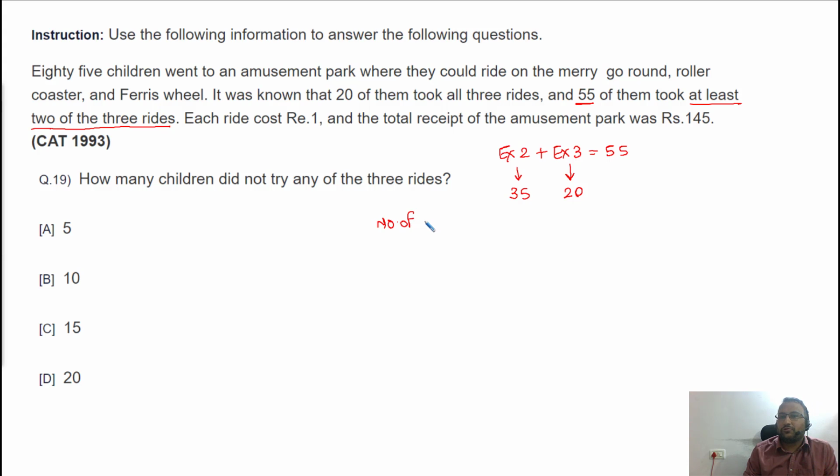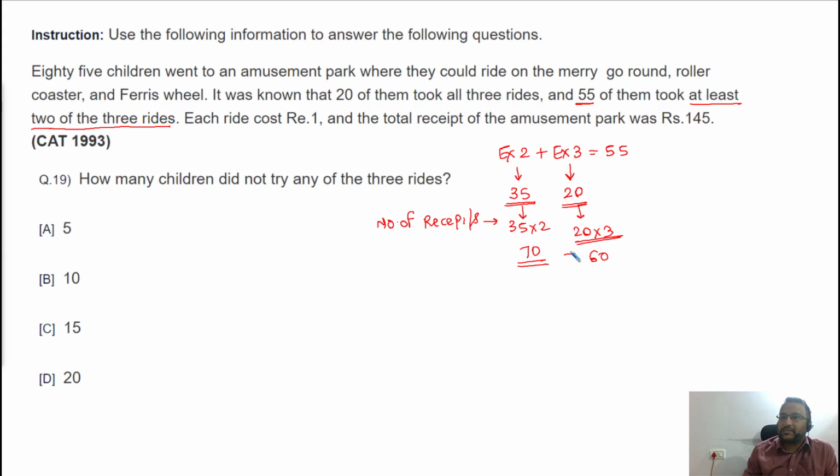Number of rupees spent, or number of receipts of ₹1. So 35 students, each one took 2 receipts because each of them took 2 rides. So 35 into 2, that is 70 receipts were generated for these 35 students. Now for each of these 20 students, 3 receipts were generated, meaning overall 60 receipts were generated.